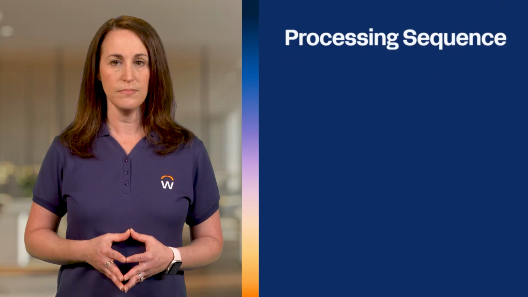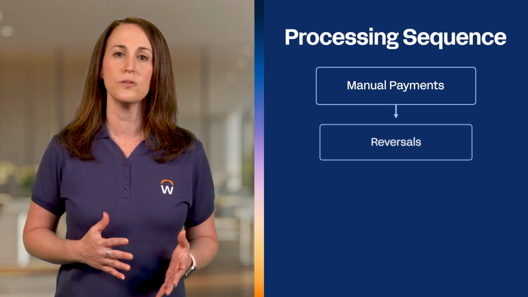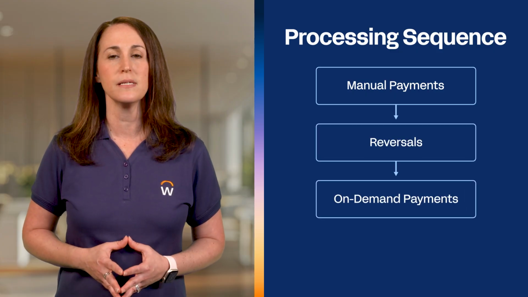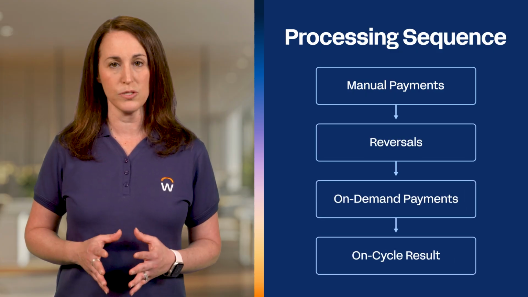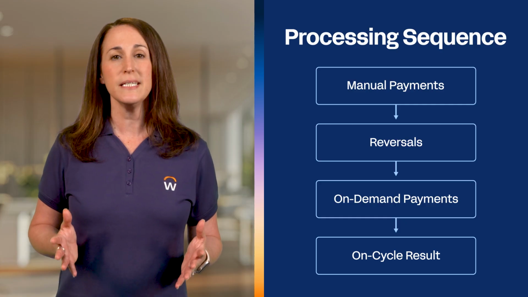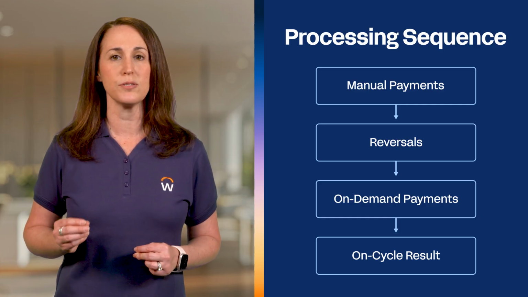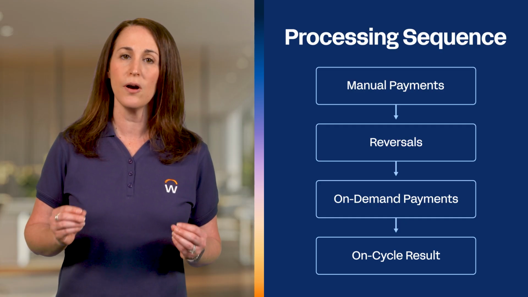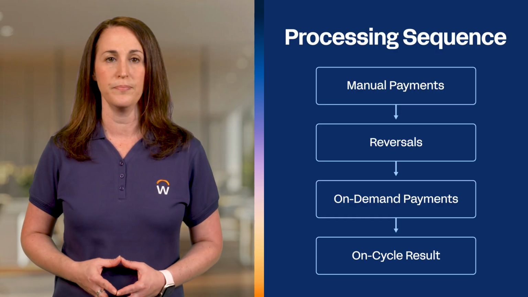If you process off-cycle payroll results with an on-cycle run for the same worker, Workday enforces the following processing sequence: manual payments, reversals, on-demand payments, and finally the on-cycle result. Basically, you need to complete the off-cycle payroll results before you can complete the on-cycle result for the worker.